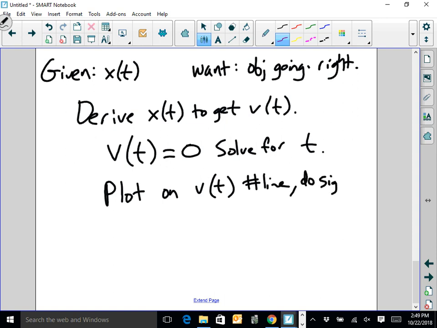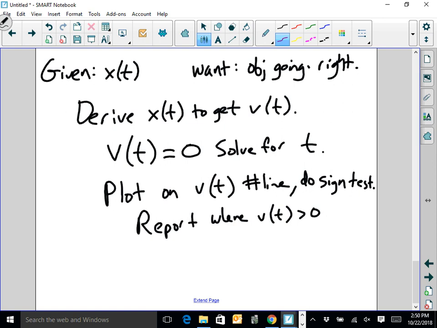After I do my sign test, I want to report all the intervals where v of t is plus. Okay. If I was given x of t and I wanted to know where the object is going left, I would do everything the exact same, except at the end I'd report where v of t is negative, right? Where v of t is less than 0.